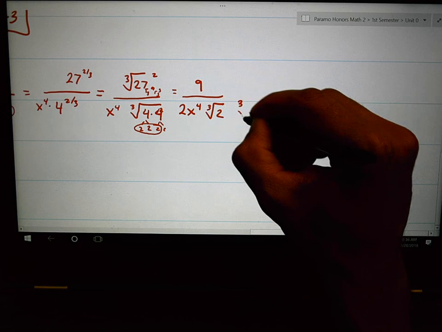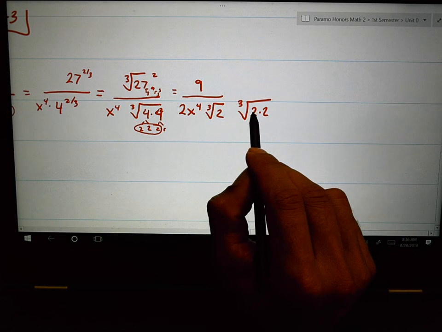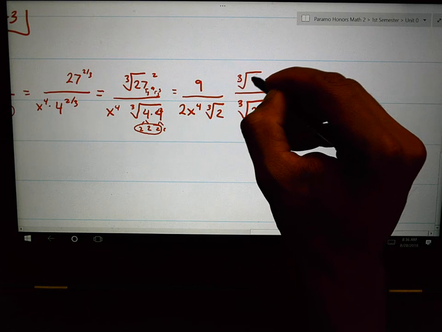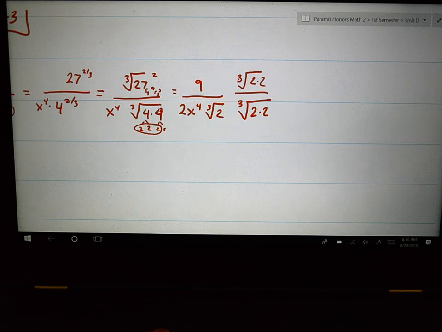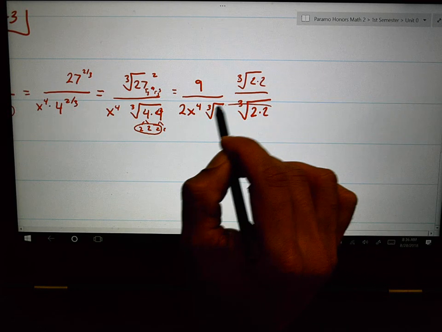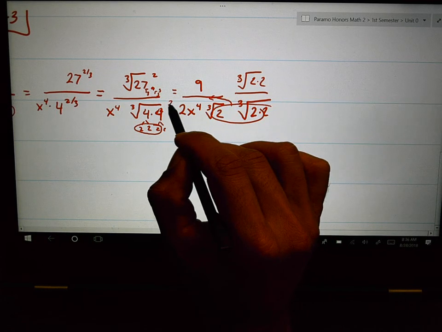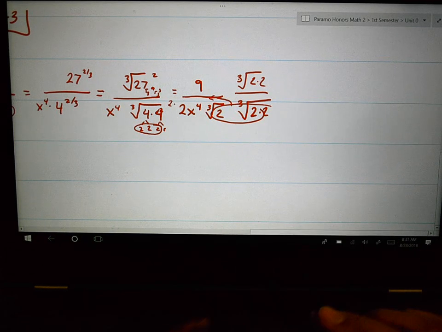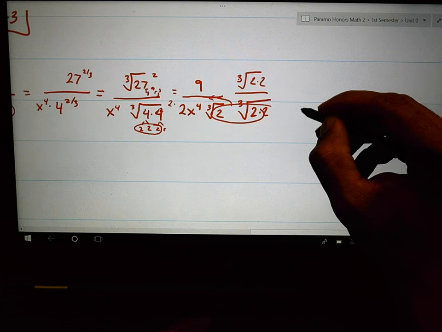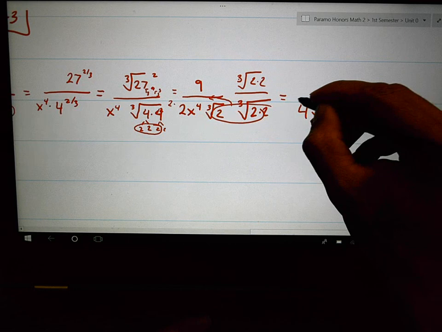I need 2 more factors inside a 3rd root over itself. That way, we have 1, 2, 3 factors of 2 that can pop out of this thing, and there'll be no more radical in the denominator. I have a 2 times x to the 4th, otherwise known as 4x to the 4th in the denominator.